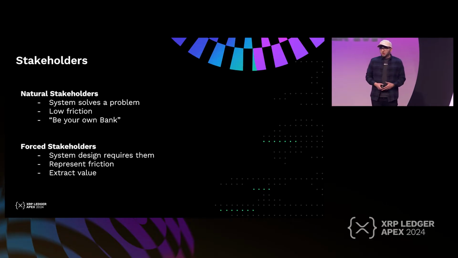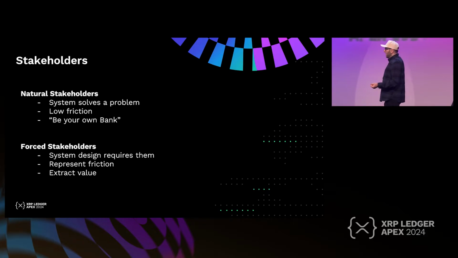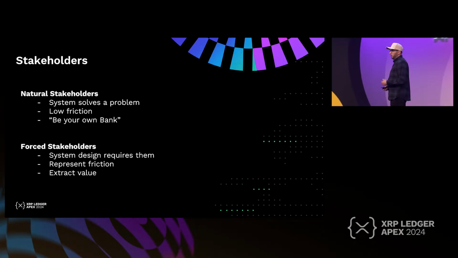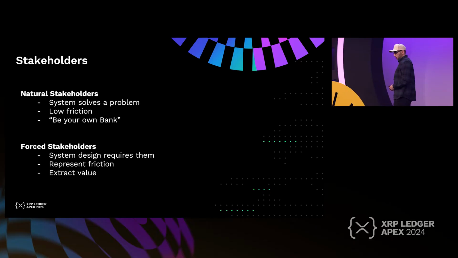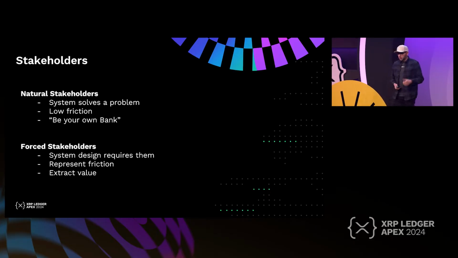They want low friction. "Be your own bank" is literally the thesis they go by. Forced stakeholders, on the other hand, are here because the system requires them to be there. Think of miners, stakers, and so on. They extract value, and they usually represent friction for the natural stakeholders.